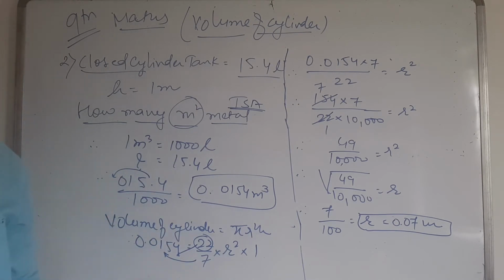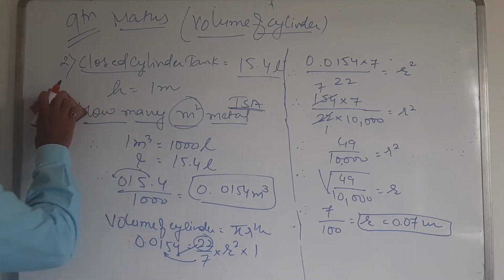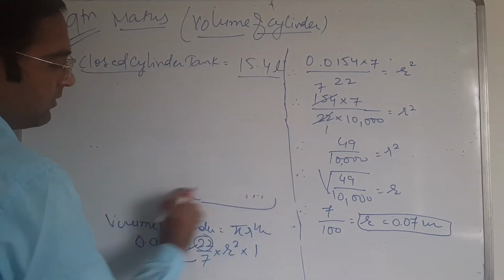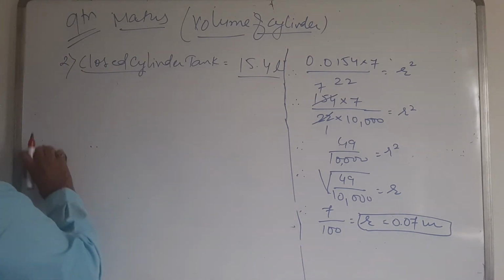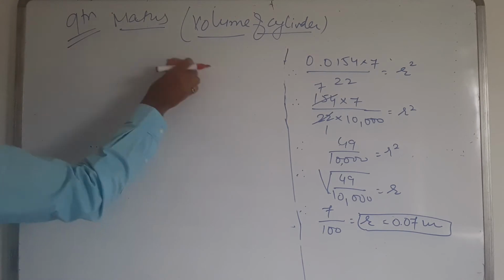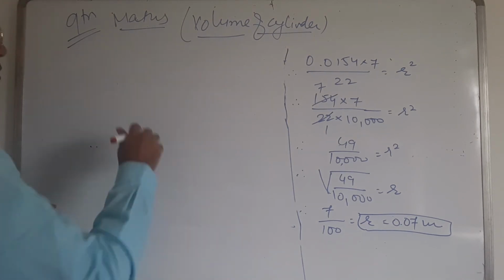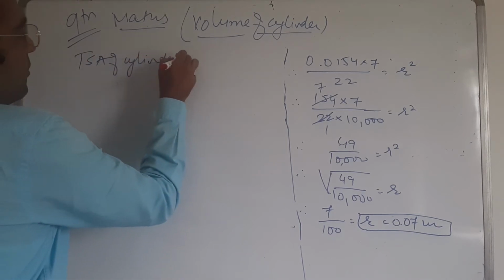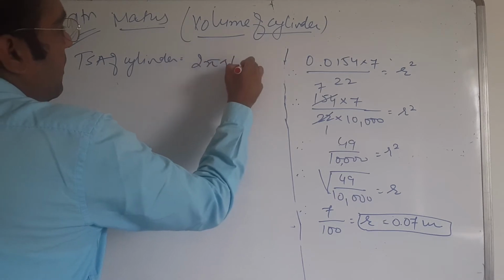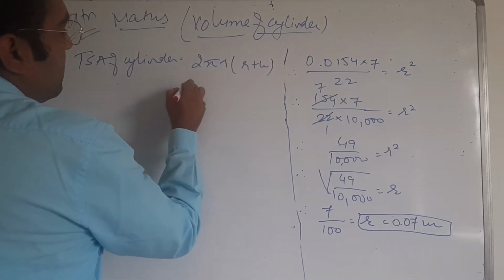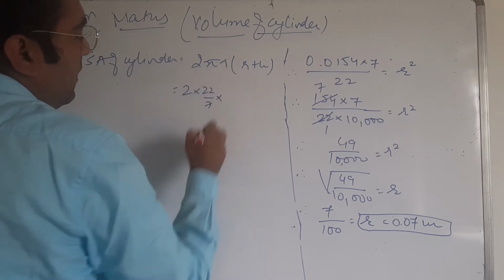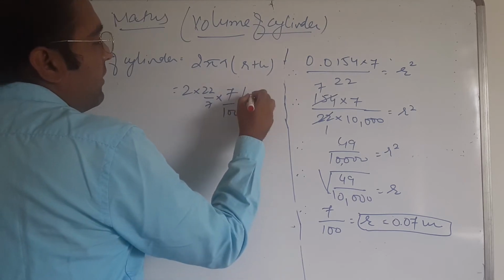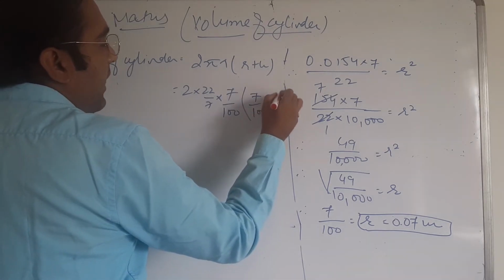So for that I am rubbing this. Now the total surface area of the cylinder is equal to 2 pi r times (r plus h), that is 2 into 22 by 7 into the radius, which is 7 by 100, and 7 by 100 plus the height, which is 1.